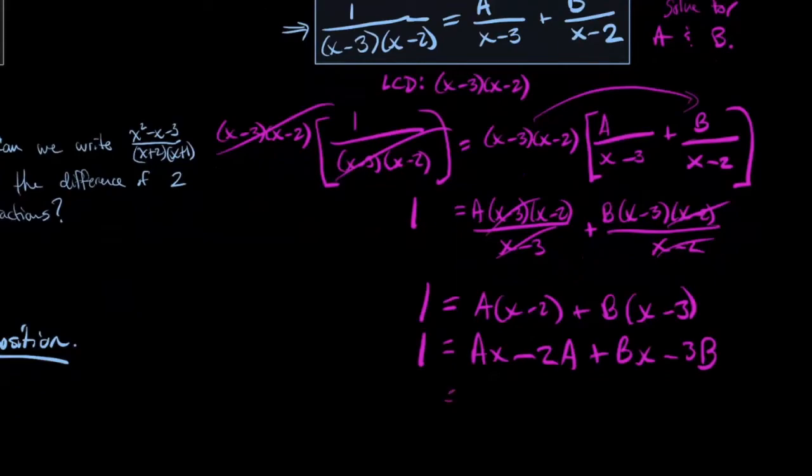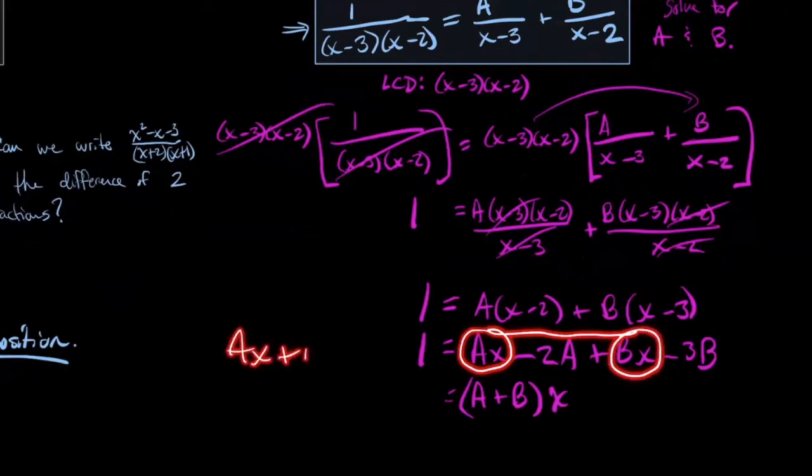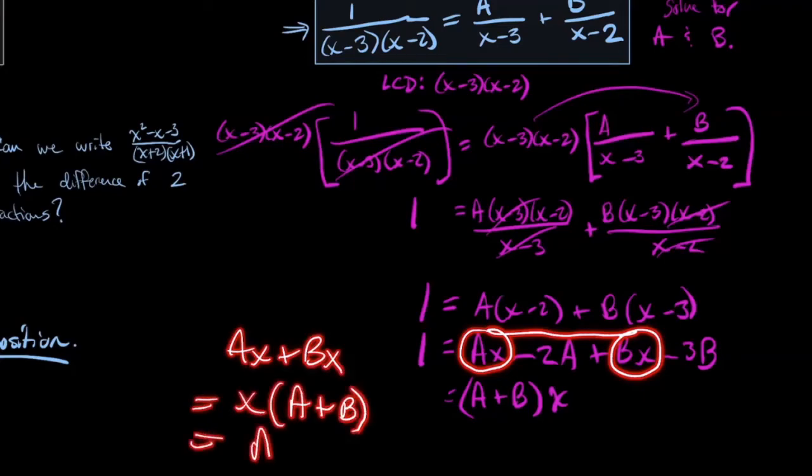So if we simplify, we're going to factor out the x in the first term, it's really ax plus bx. So we could factor out the x and then we'd have a plus b, but remember it doesn't matter if we put it on the left or the right.